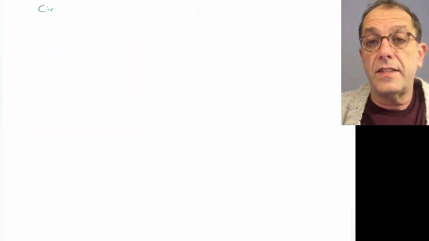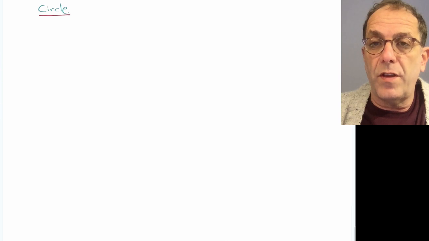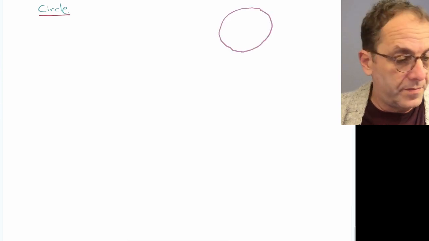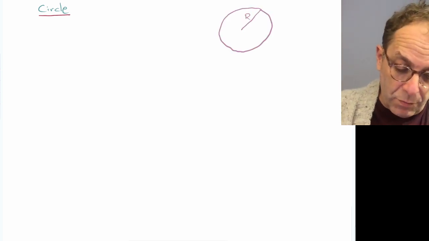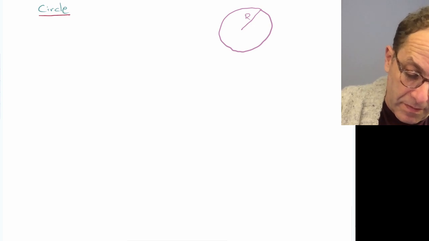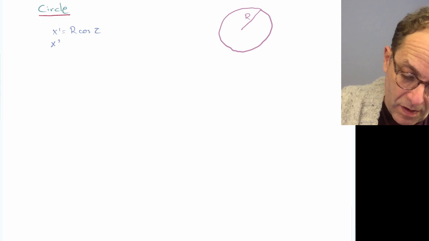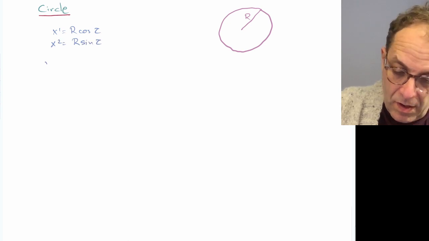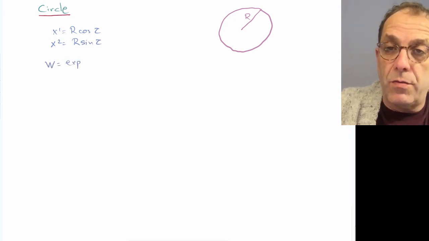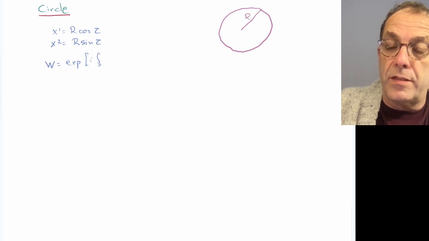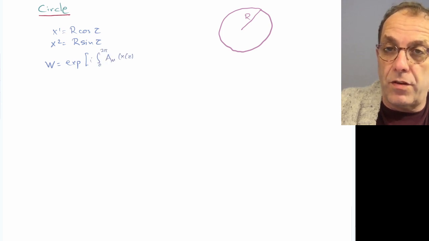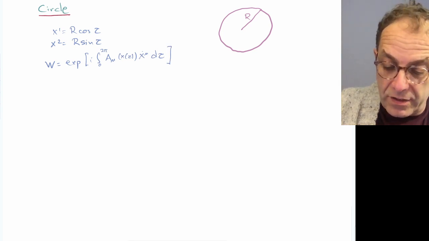As the second example, I take the circle of radius r in the x1, x2 plane. The Wilson loop is equal to the exponent of the integral of A mu along the curve multiplied by the tangent vector x dot.